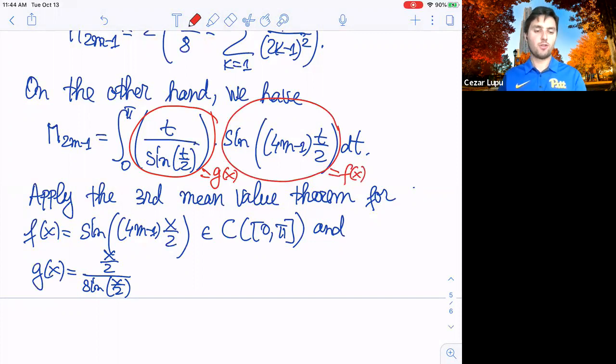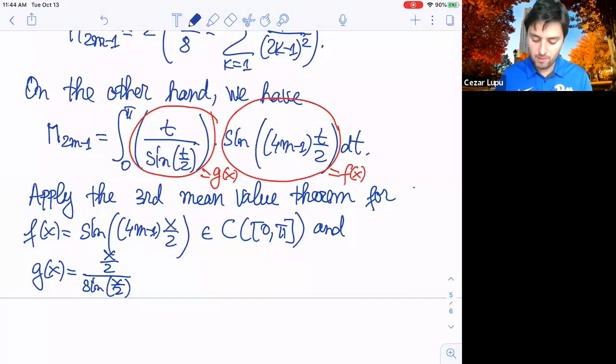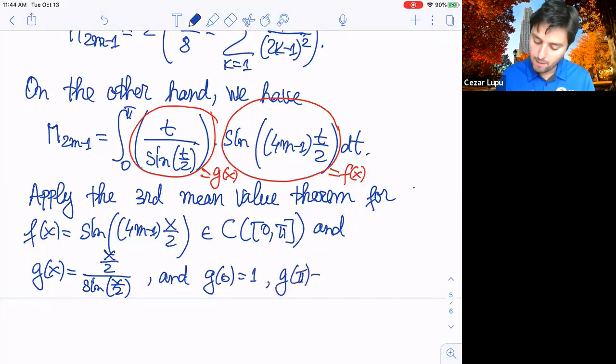Well, you can show that this is an increasing function. I'll leave this to you. Moreover, we want to look at the boundary of g: g of 0 is 1, and g of pi is pi over 2. And now we can get going.